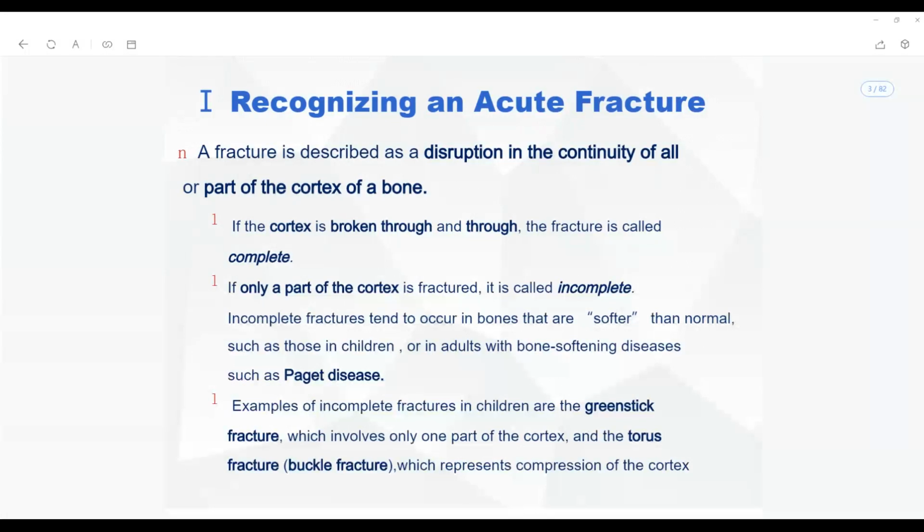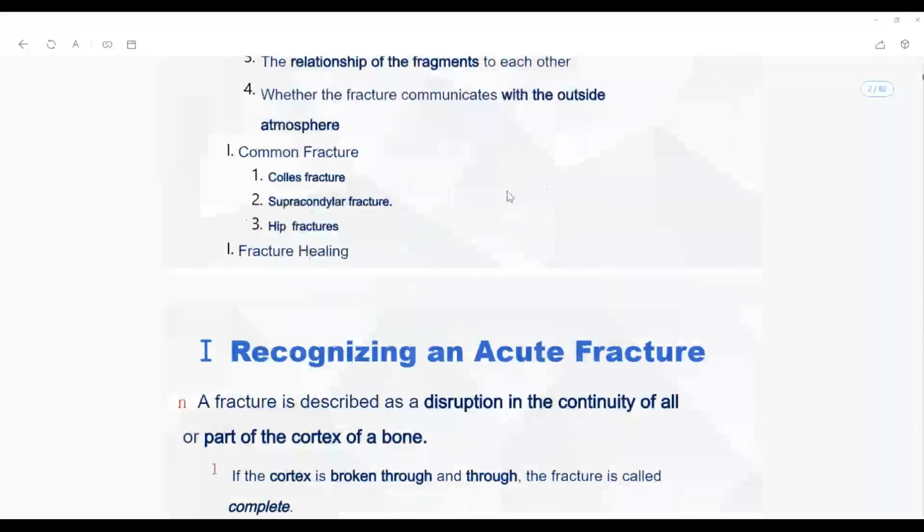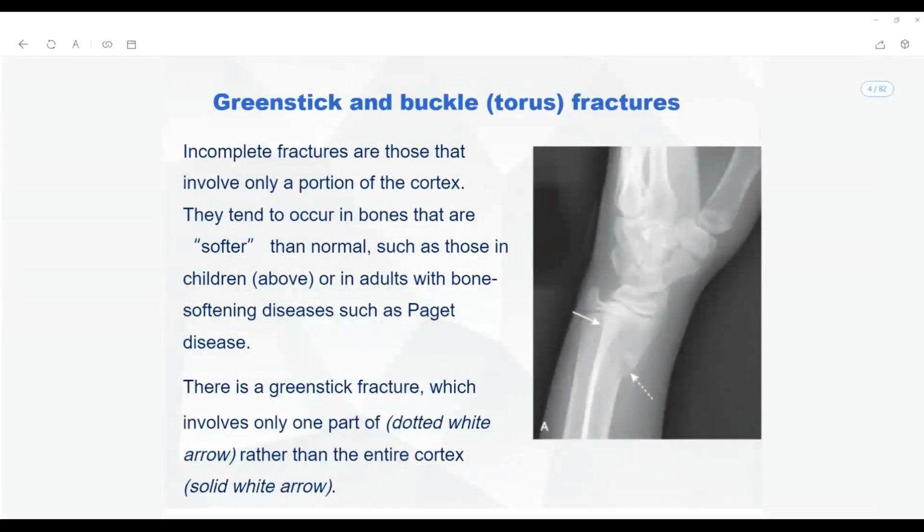Now tell me in this one thing. Let me give you a random image first and then you tell me where exactly the fracture is. All right. Just let me find an x-ray.